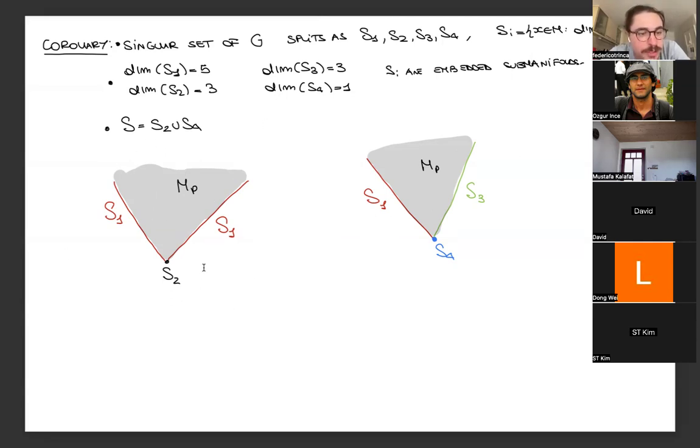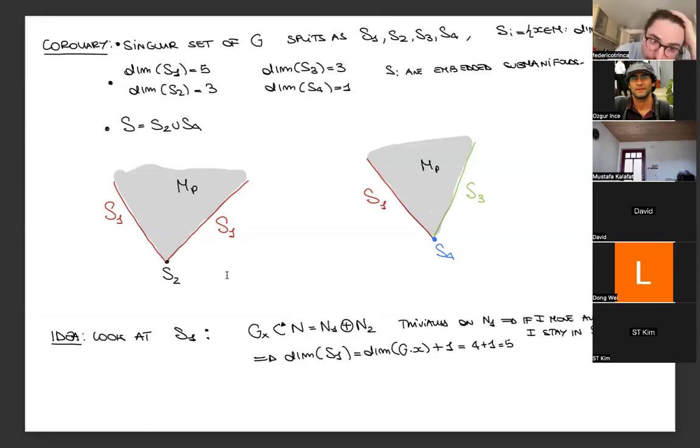This first picture means that if I pick a point in S1, then near S1 I either see another point in S1 or the principal part, unless I am very, very close to S2, and in that case I see 2 copies of S1 and the principal part. A similar argument works for S3, S4, and S1.